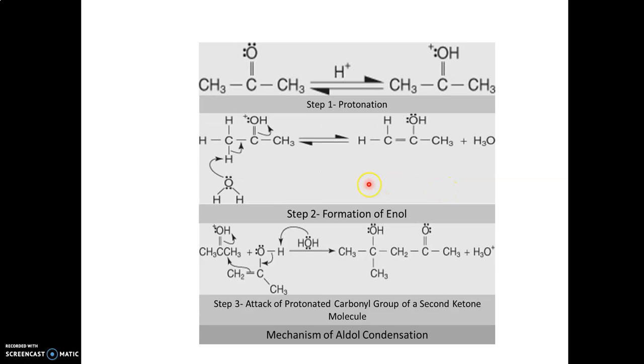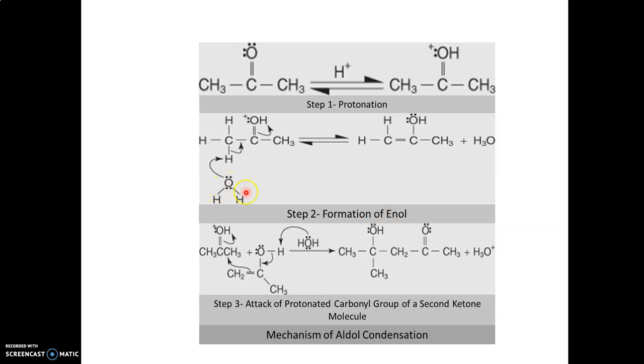Let us look at the steps involved in the aldol condensation in the case of the ketone. So the first step is the protonation step. The protonation of the oxygen of the carbonyl group occurs. Step 2 is the formation of enol.